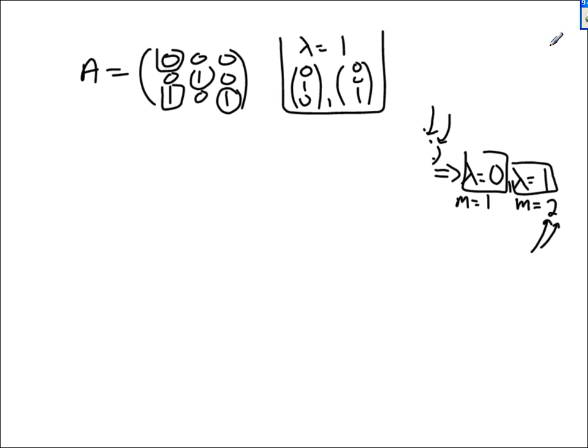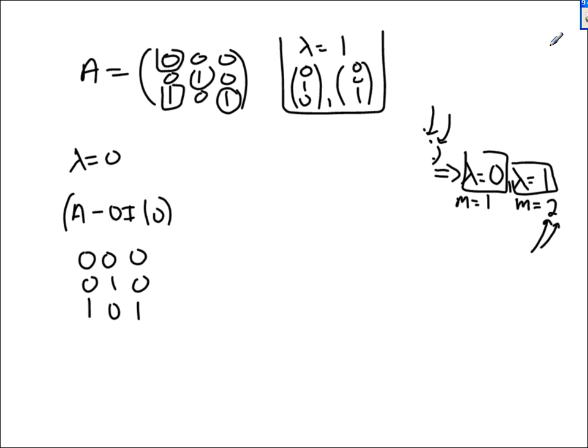Now lambda is equal to 0. That is, I take away 0 from the diagonal. So A minus 0I augmented with 0, that's just A augmented with 0. Now, this matrix is in reduced form. Almost.